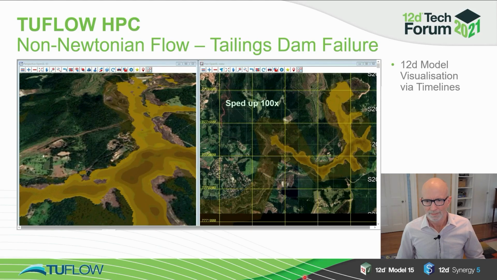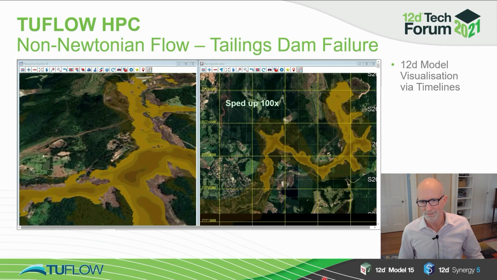This will just keep going down, and then it comes to a bit of a stop as the pressure forces behind it subside. It's pretty interesting, pretty exciting stuff, and these functionalities are a very nice enhancement to TUFLOW over the last year. And what's really cool is that you can do these amazing animations in 12D.